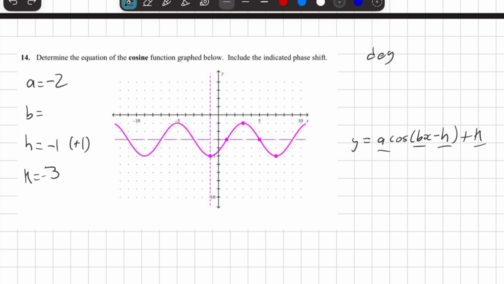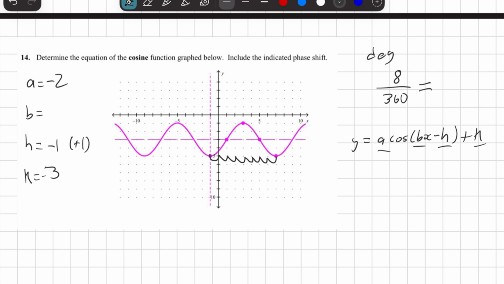Okay, and then for B, you just count what the period is, and then you divide it by what the period's meant to be. So for here, we see that it goes over 1, 2, 3, 4, 5, 6, 7, 8. It goes over 8, and we know it goes over 8 because each of these little dashes is representing 1. So you do 8, and then the period for a cosine graph is usually 360, so you put it over 360.